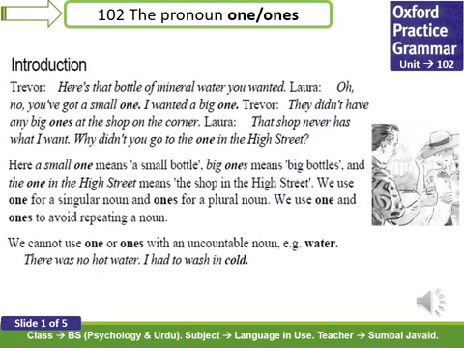Today we will discuss one and ones. Yesterday you studied the different types of pronouns. In our first lecture I taught you about nouns and specifically the personal pronouns, and there are a lot of types of pronoun. So today's topic is about one and ones.